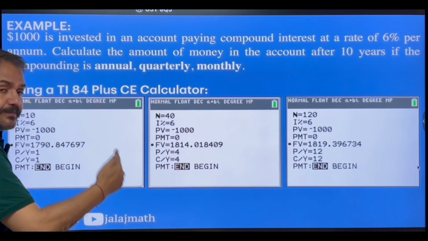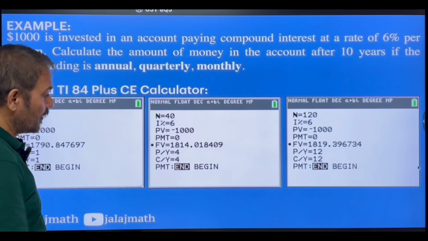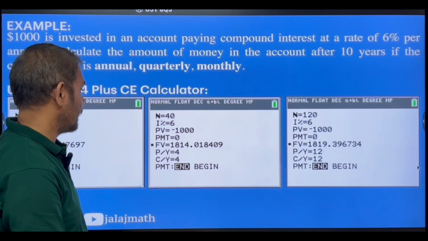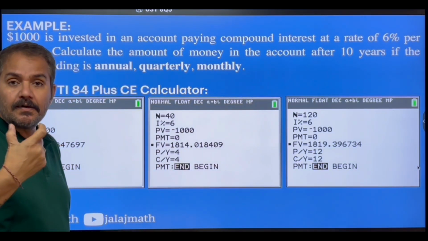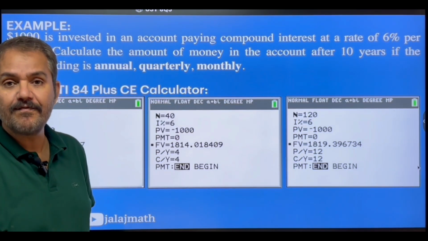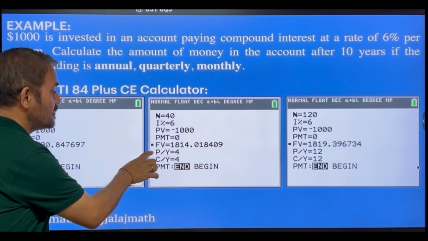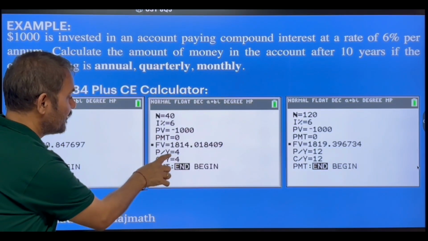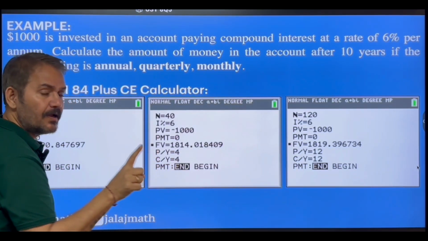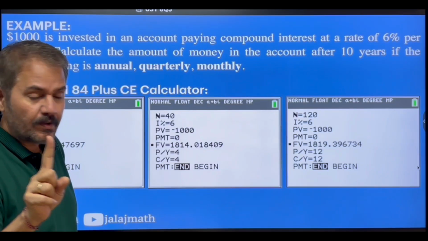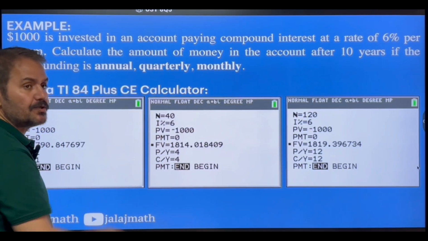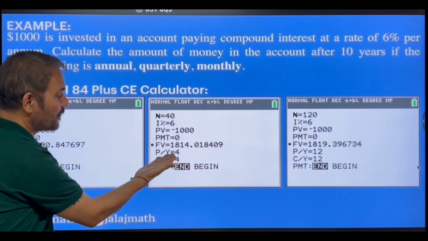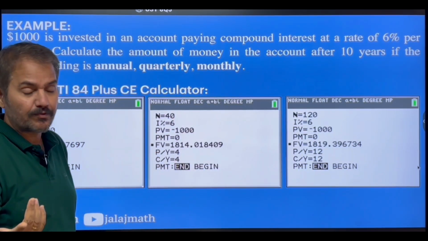Now, another approach. Instead of changing both P/Y and C/Y, we know that the interest is accumulated every quarter, but the payment is made every year. So if we keep P/Y as 1, then you don't need to change your time into quarters. You can keep 10 years, just keep P/Y at 1 and C/Y at 4.